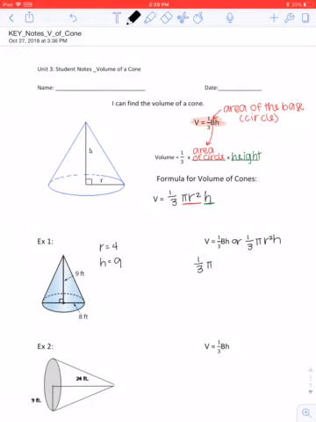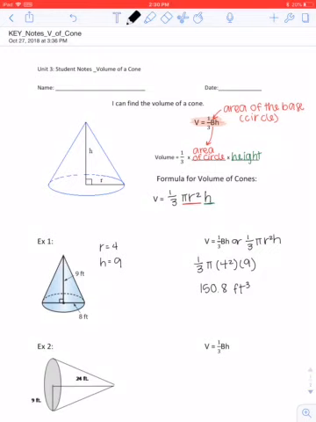So 1/3 pi, my radius is 4, so that's 4 squared times 9. And when I plug all of that into my calculator, hit the fraction to decimal button, I get approximately 150 and 8/10 feet squared. Sorry, feet cubed, because this is volume.